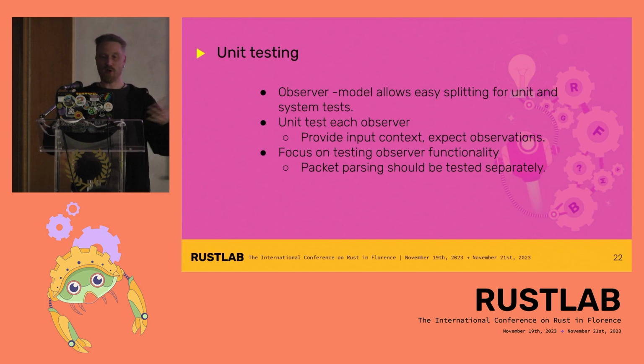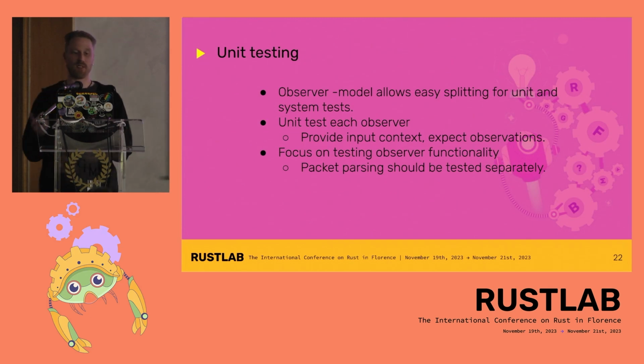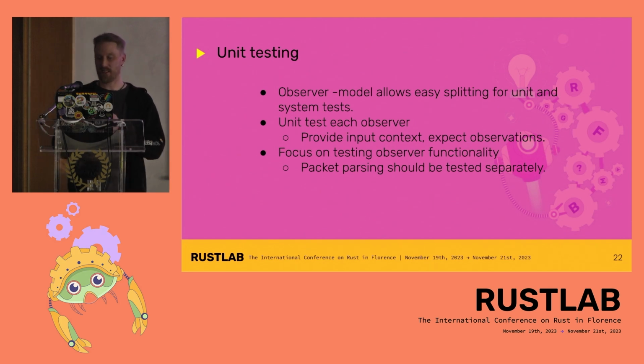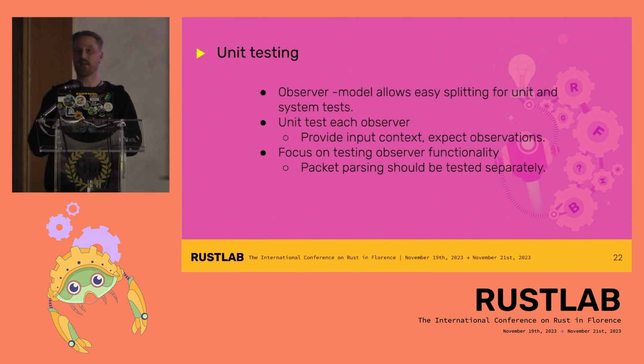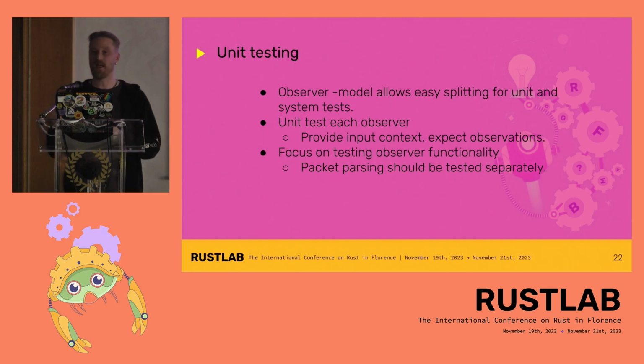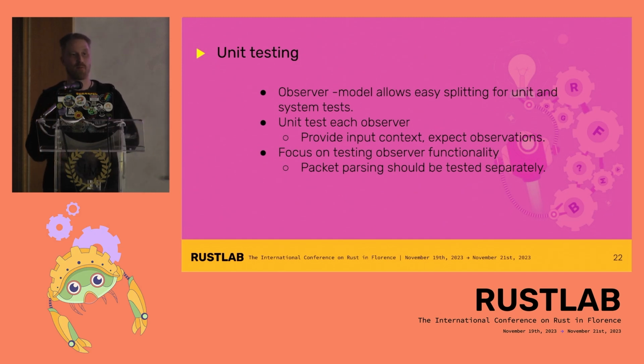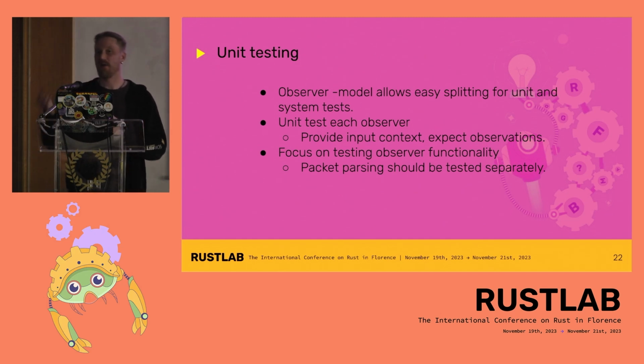Then this model allows easy splitting between unit and system tests. Because each observer has its own responsibility. It has a well-defined set of inputs that it's expecting. It has a well-defined set of outputs that it will be providing. Namely, it wants to receive the packet from a certain level and it wants to provide some output, the observations.